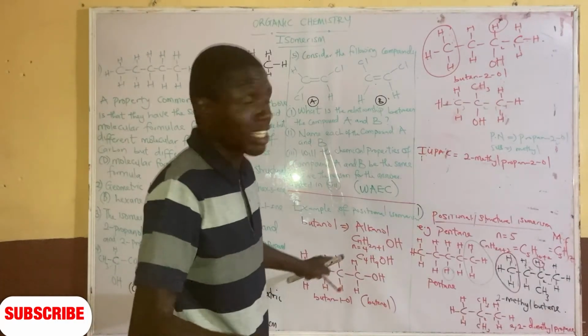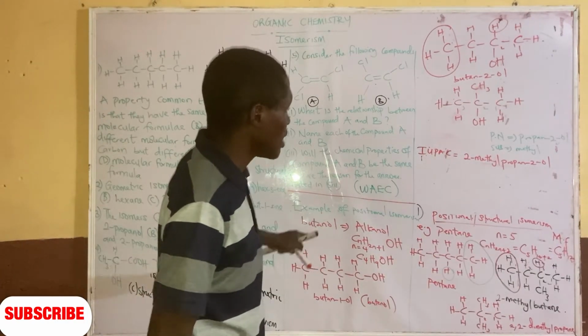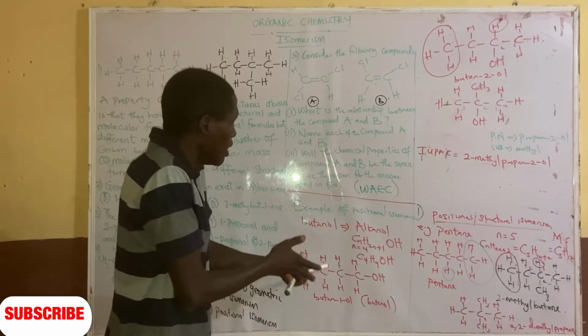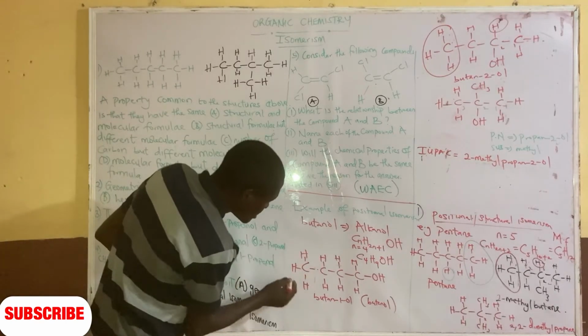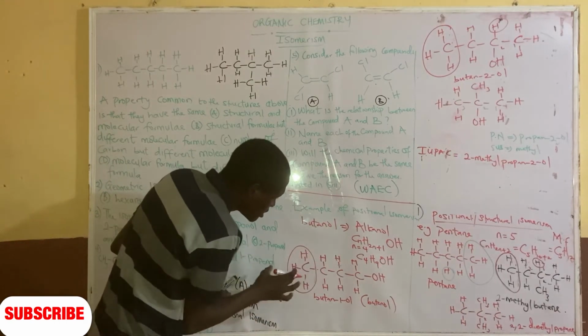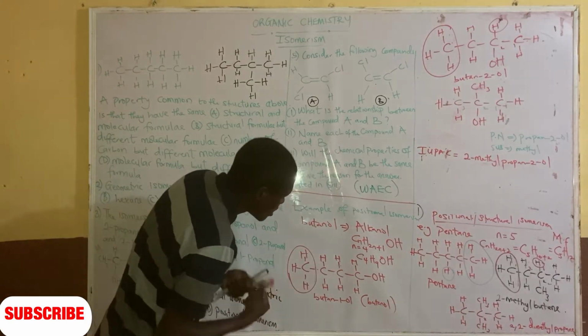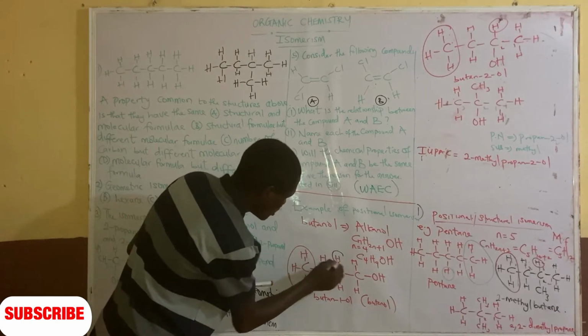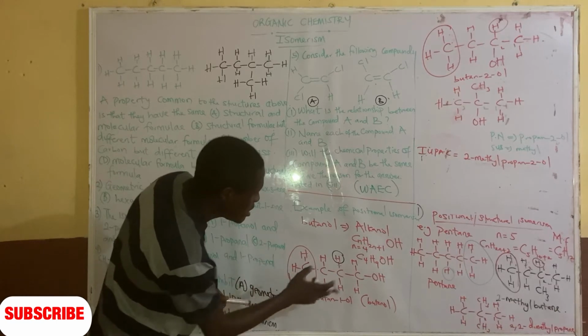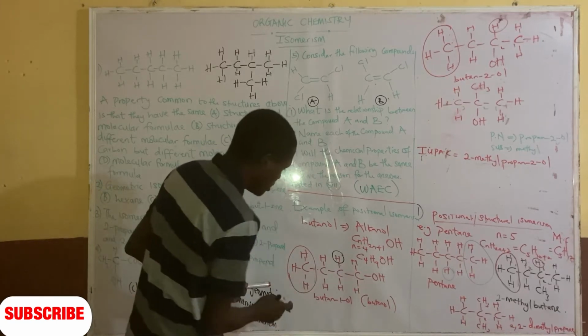This is another isomer of butanol. Another possible isomer of butanol is when I take this CH3 and use it to replace this hydrogen here. So I can also have another one, which is called 2-methylpropan-1-ol. Let's do it.